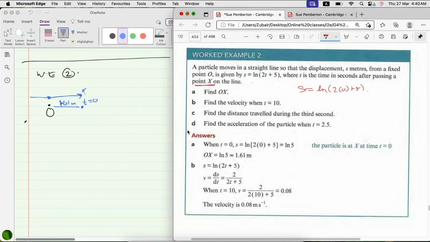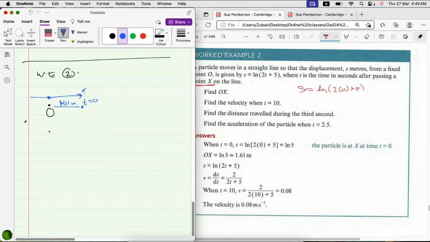from the origin. Okay. Then it says find the velocity when t is 10. Now, displacement is already ln(2t plus 5). Velocity is the differentiation of displacement, so we differentiate it. This is 1 over (2t plus 5) into 2, which is 2 over (2t plus 5).